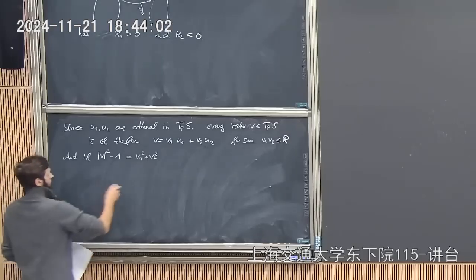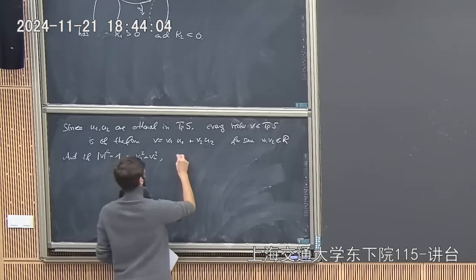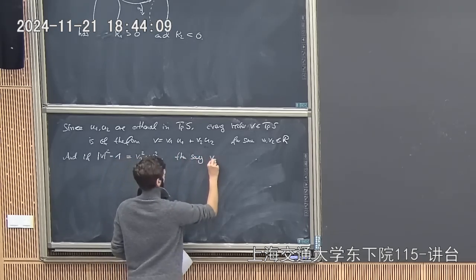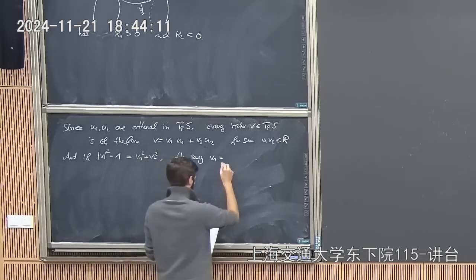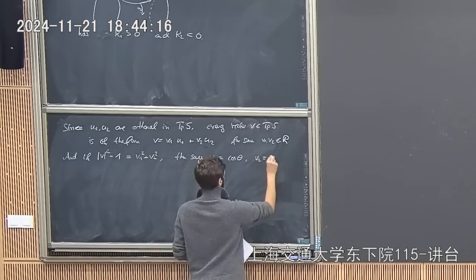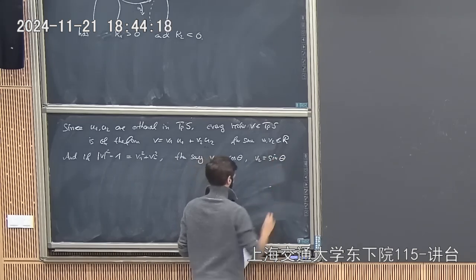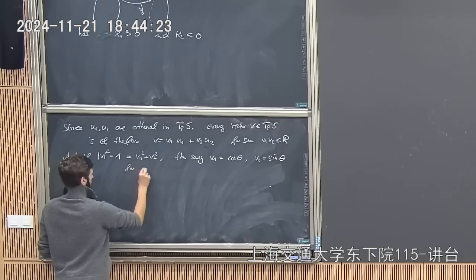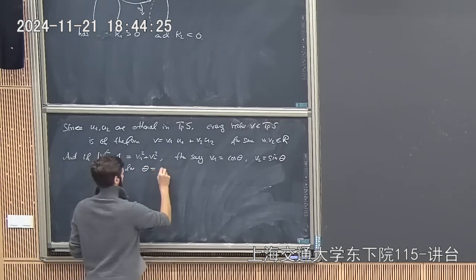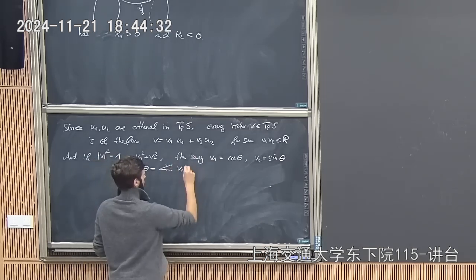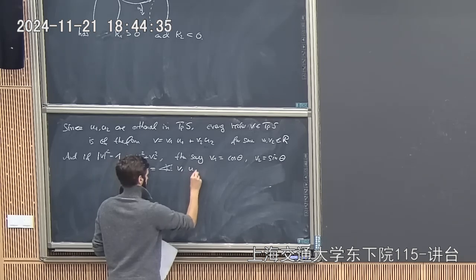So we can solve this equation, then say V1 equals the cosine of some angle and V2 the sine of some angle, where the angle is just the angle between the vector V and, say, U1.